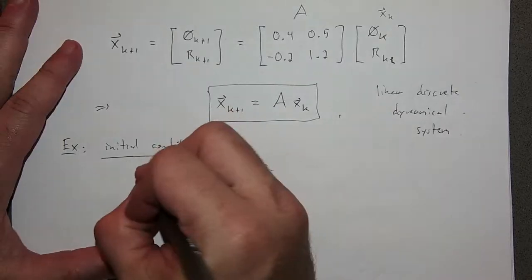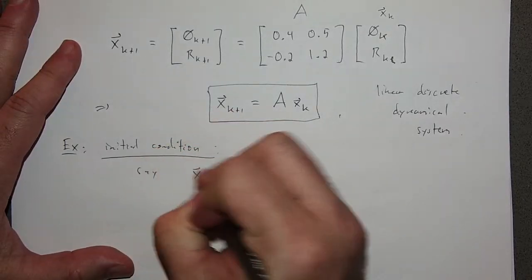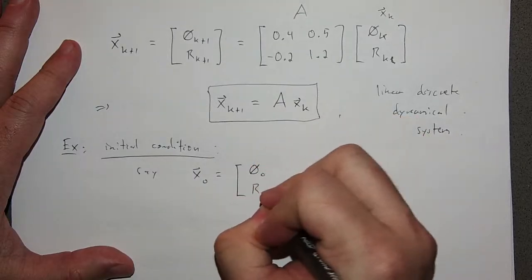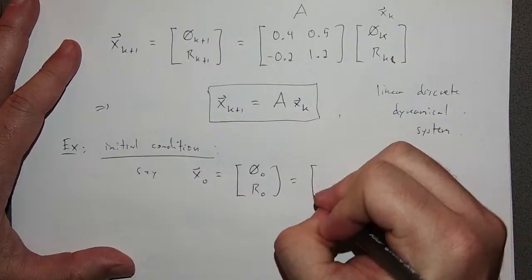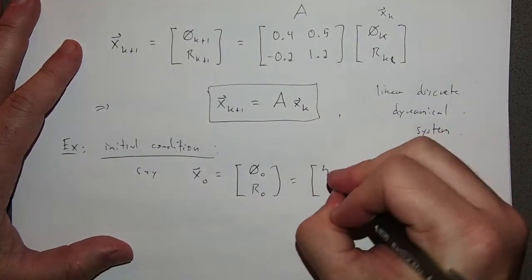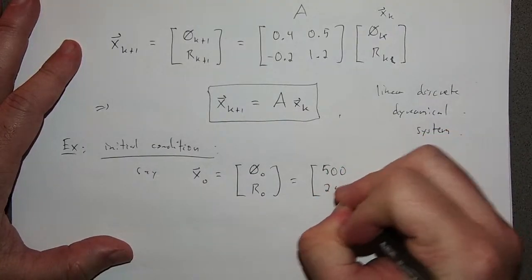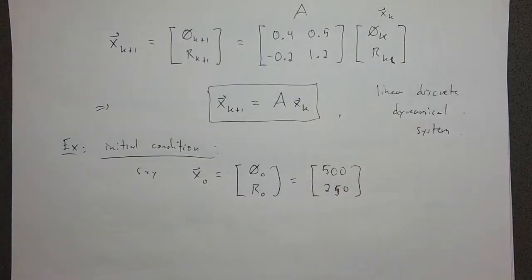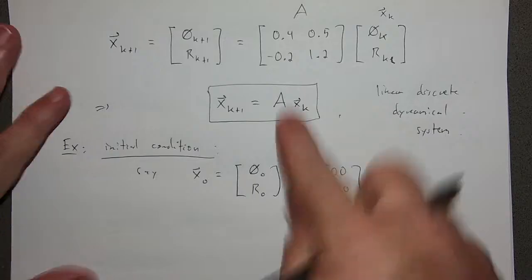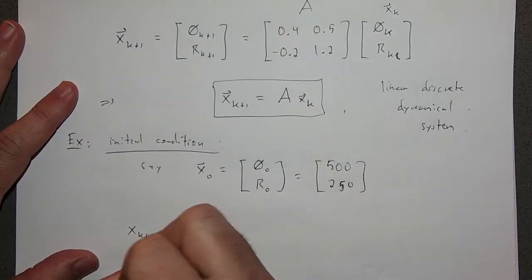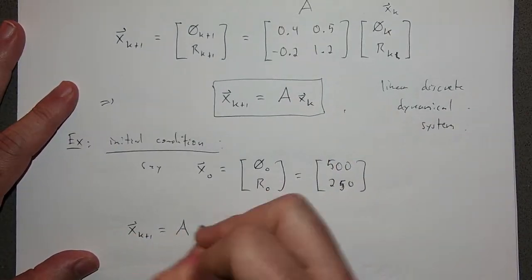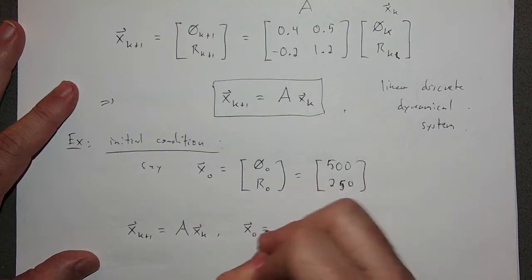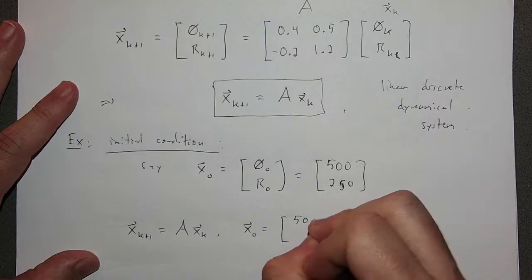So let's say that our x sub 0, the initial number of owls and the initial number of rats, is 500 owls and 250,000 rats. So, rewriting this, I have the equation x sub k plus 1 is A times x sub k with the initial condition x naught equal to (500, 250).